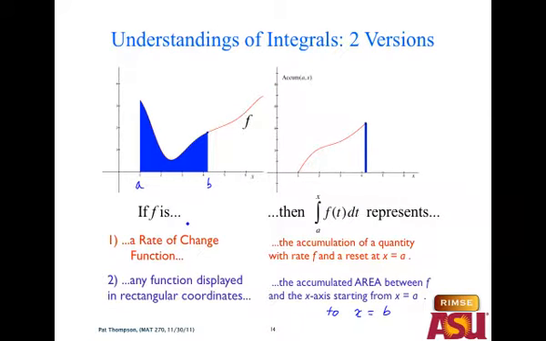So in this course, you have to be fluid. You have to see integrals both ways. You have to see them as summing up little bits of change given the rate of change, version 1. And you have to see them as summing up areas of super thin rectangles to get a total area.